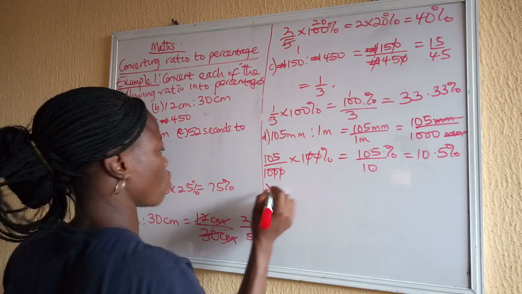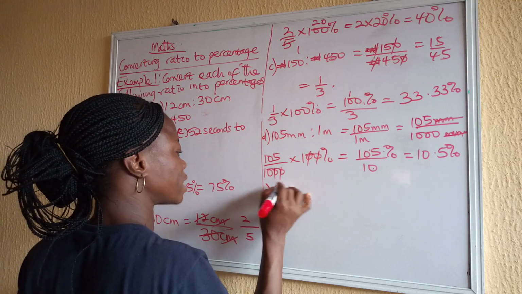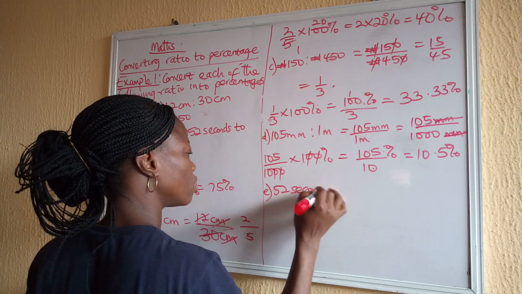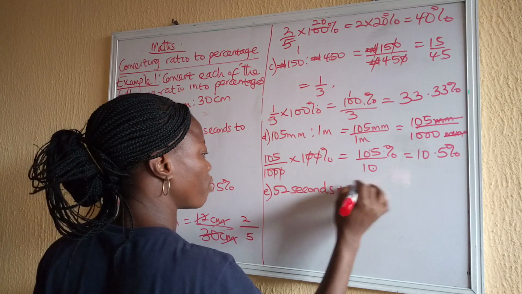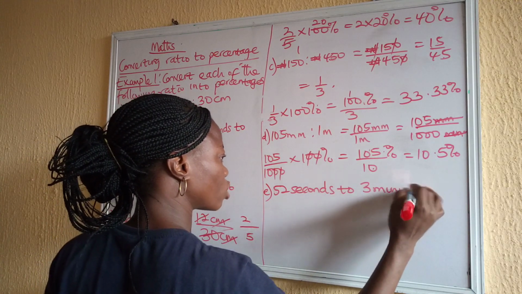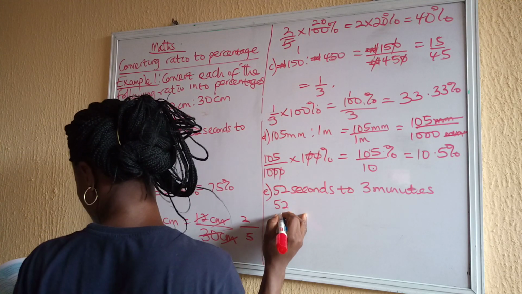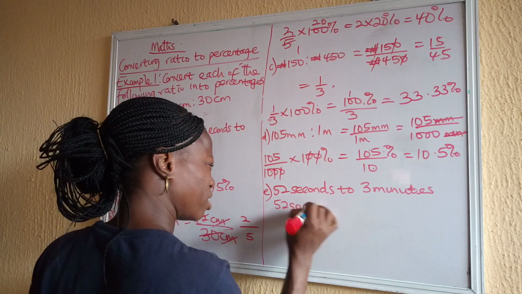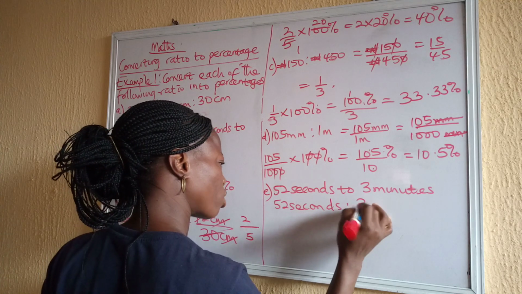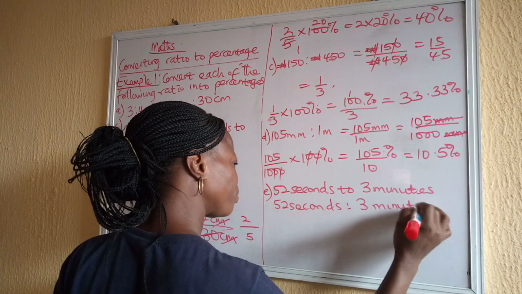So to the last one, we have 52 seconds to 3 minutes. That will be 52 seconds ratio 3 minutes.